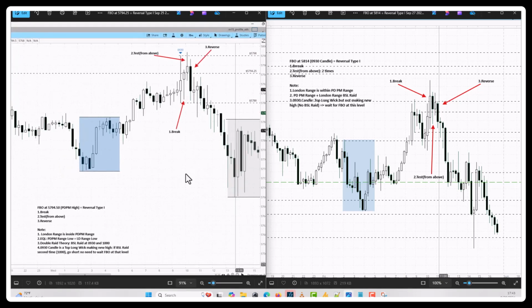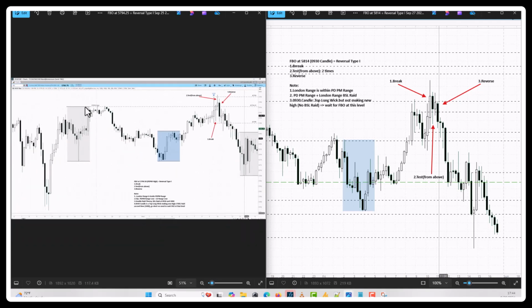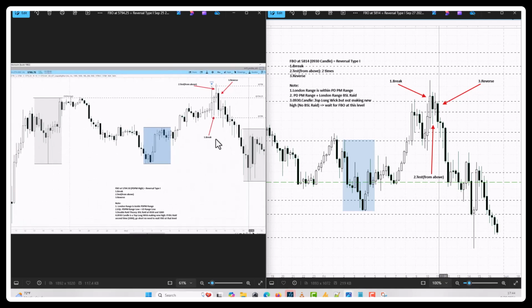The 9:30 did make a new high. It raided the new high in terms of the previous day high right there. So it raided the previous day high, it made a new high right there. That's the bicycle raid.